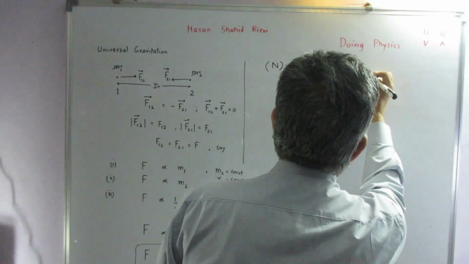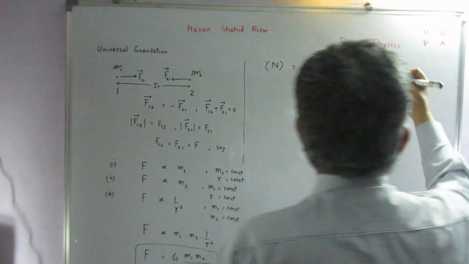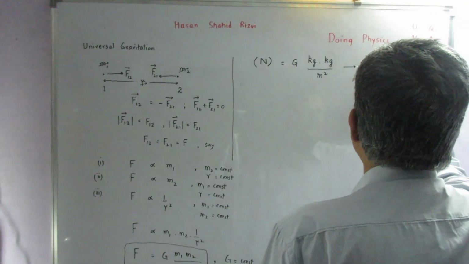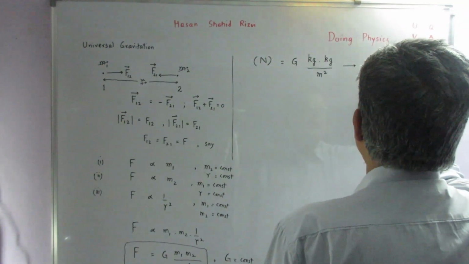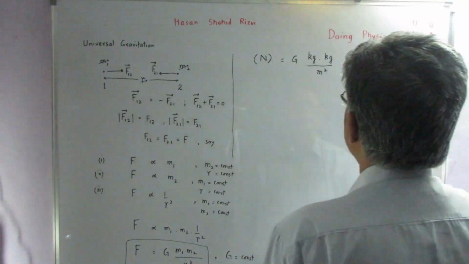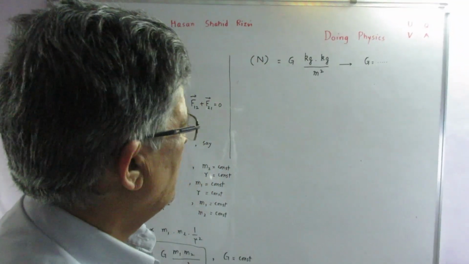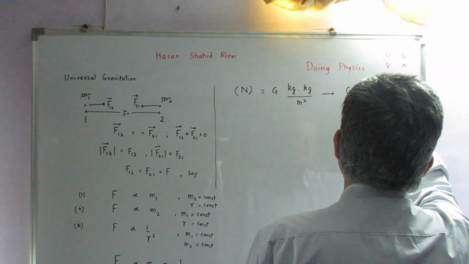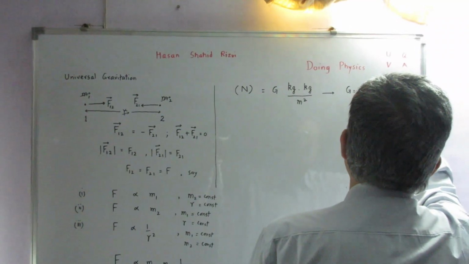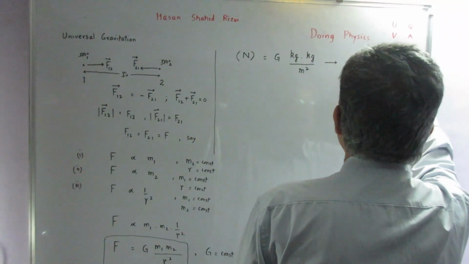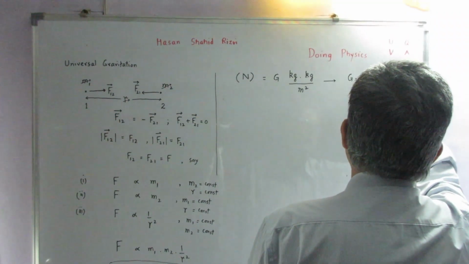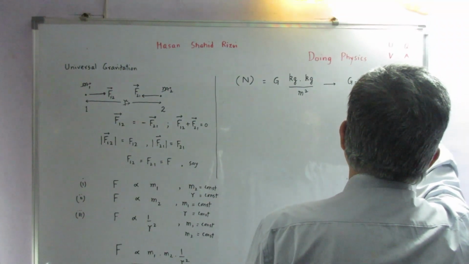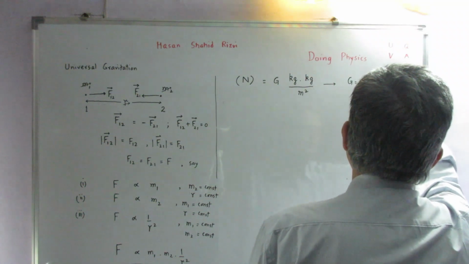So the unit of capital G is Newton meter square kilogram power minus 2.